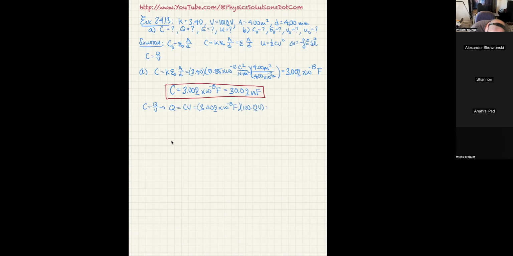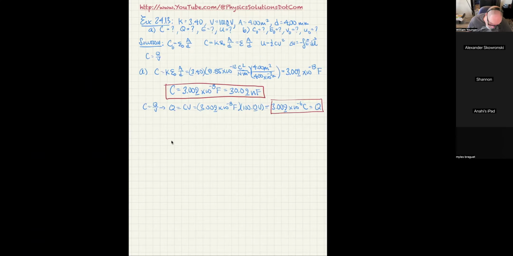And obviously, this gives us 3.009 times 10 to the negative 6 coulombs. And again, that 9 is not a sig fig. We could call that 3.009 microcoulombs, and that would be acceptable as well, but I'll just leave it like this.